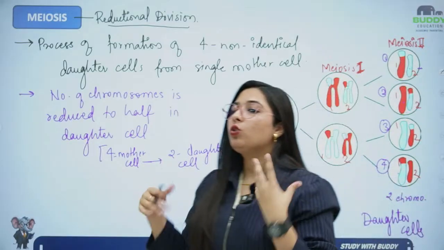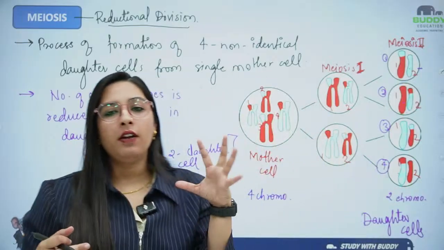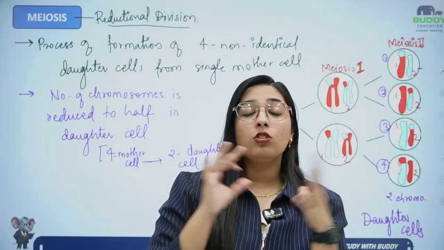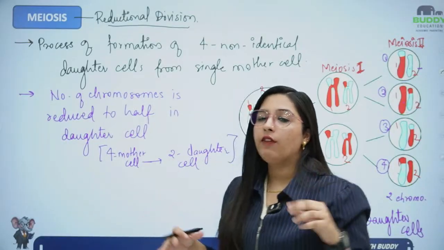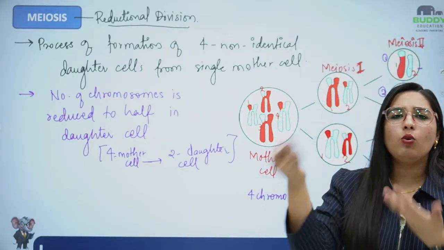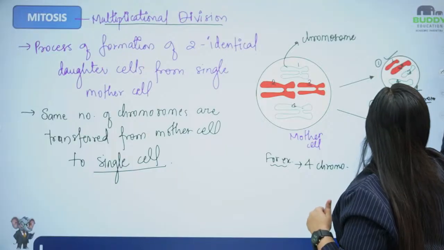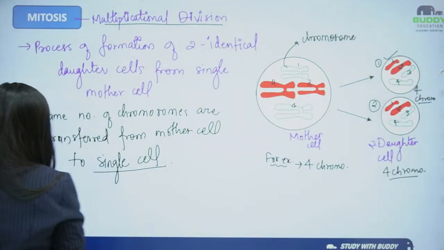Now, what is the use of this cell division? As we have studied, two uses: growth and repair, and formation of gametes. These two types of karyokinesis, these two types of cell division, mitosis and meiosis, are working at different places. They have different areas to work upon.